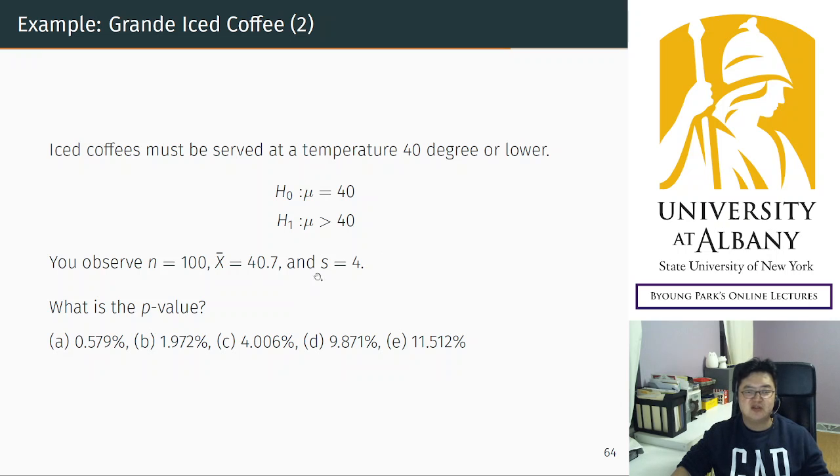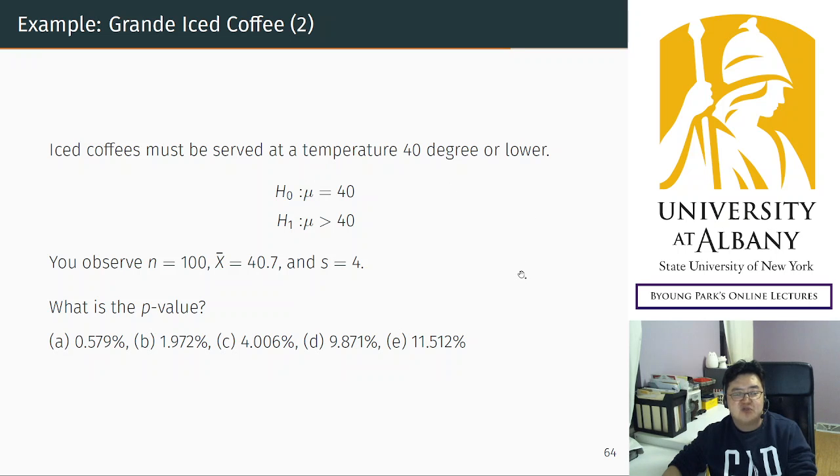And I assume the standard deviation is 4. Sample size is 100. And in this case, I want you to calculate the p-value first. Remember, we are doing an upper tail test, so we reject only when x bar is too large. So use that direction when you calculate the p-value. Of course, you first have to calculate the T-statistic, and then you need to use a standard normal distribution calculator, Excel. So pause the video and calculate this.